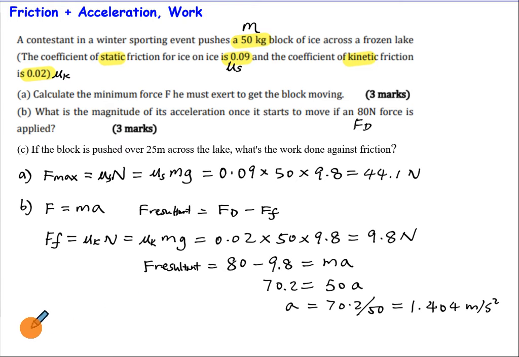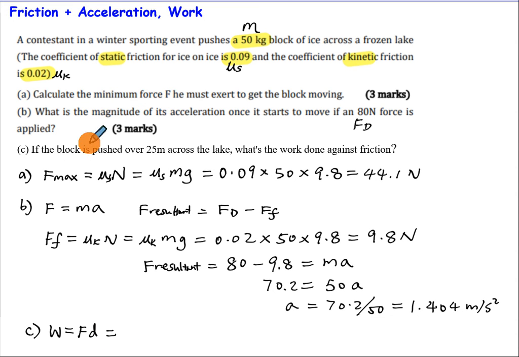Last section of the question, part C. If the block is pushed over 25 meters across the lake, what's the work done against friction? We know the work formula is simply force times distance, and there's nothing fancy here at all. It's just simply asking for the work done against friction, so work related to friction, and it's just simply frictional force times the distance that the friction is acting on.